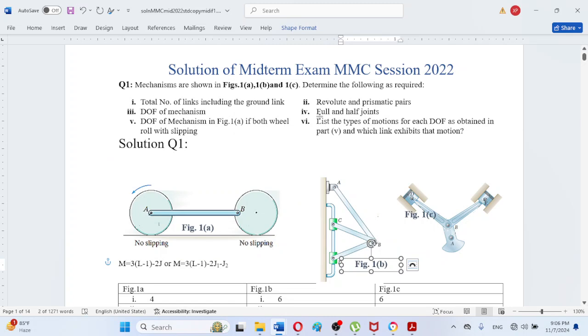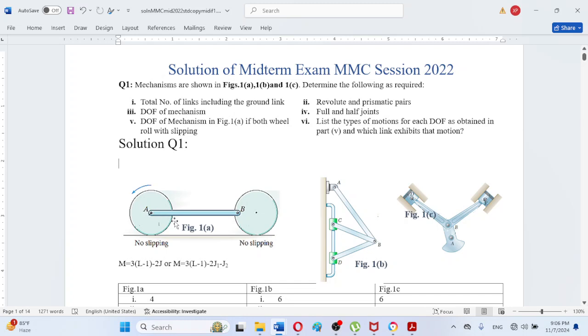These first four clauses were for all three figures, and the fifth and sixth clauses were only for figure 1a. In the fifth clause, it is mentioned to find the DOF of the mechanism shown in figure 1a if both wheels roll with slipping, and the sixth requirement is to list the types of motion for each DOF obtained in part 5 and which link exhibits that motion.